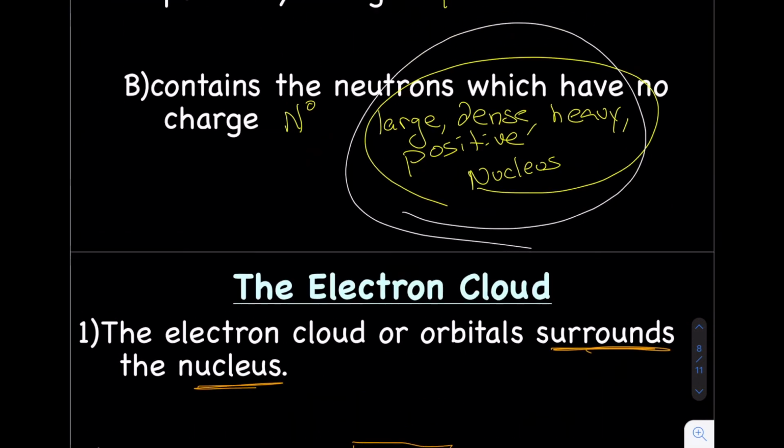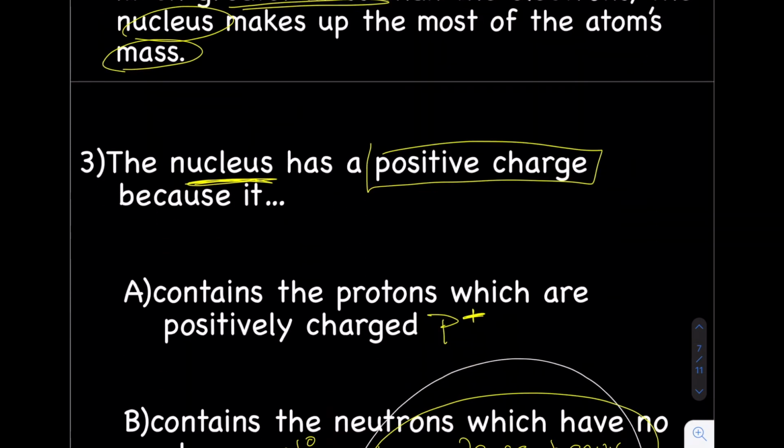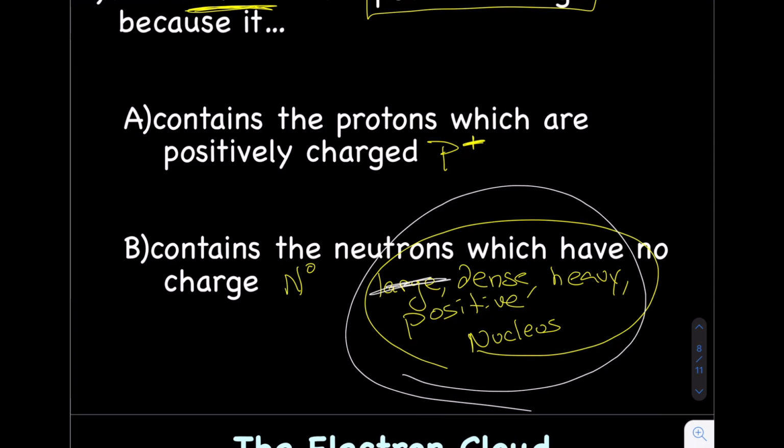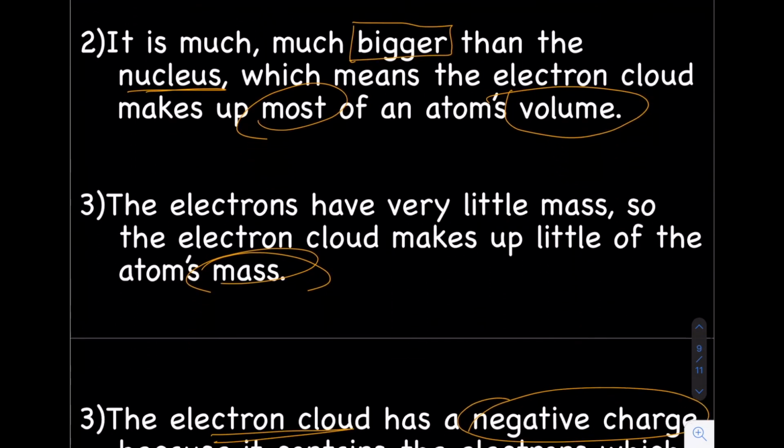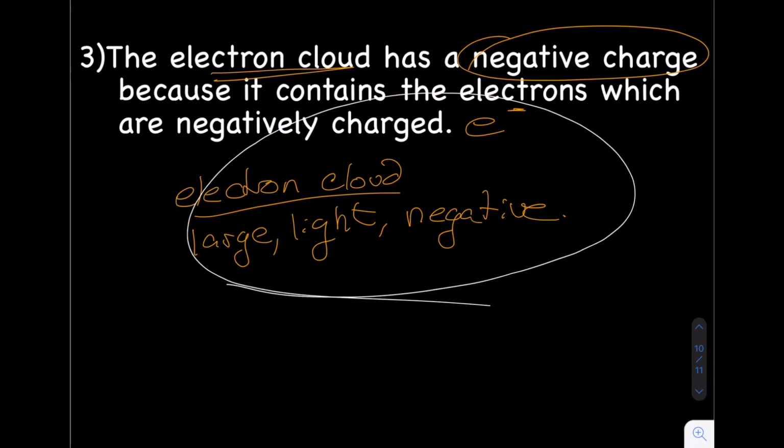And why do I have large, people? Small. You should have told me a long time ago. Somebody shout that out, Hope. The nucleus is small. Small, dense, heavy, and positive. And lastly, the electron cloud is large, light, and negative.